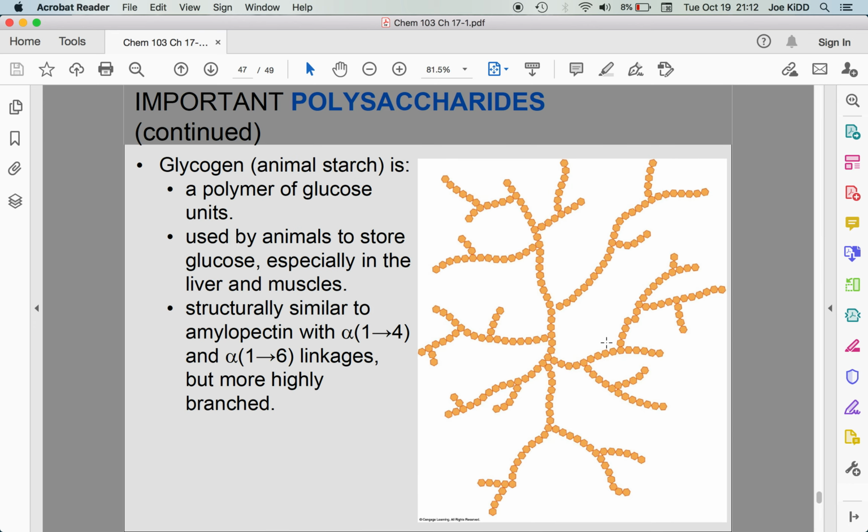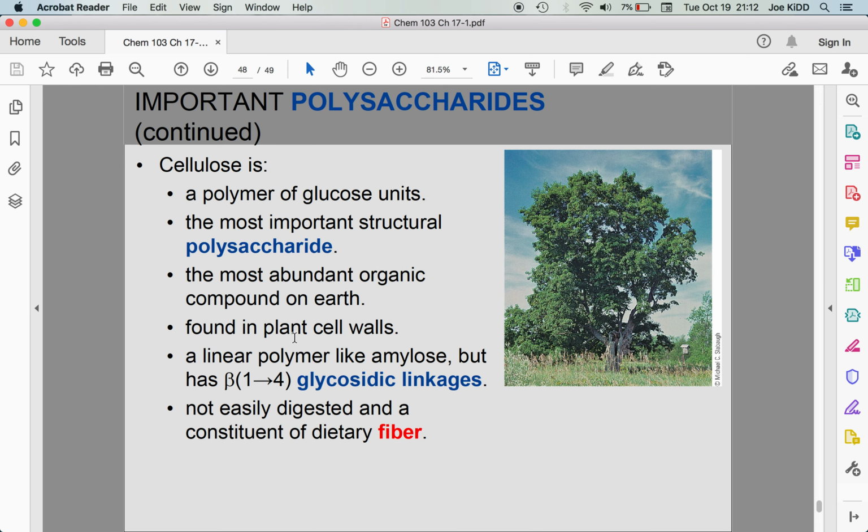On the other hand, we can have glycogen, which would be the animal starch version of this. And for this is where we get the 1,4 linkages as well as the 1,6 linkages. What we end up seeing is it's very similar to amylopectin, but glycogen is much more highly branched.